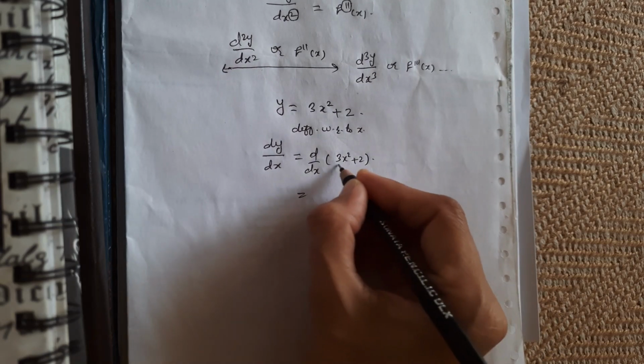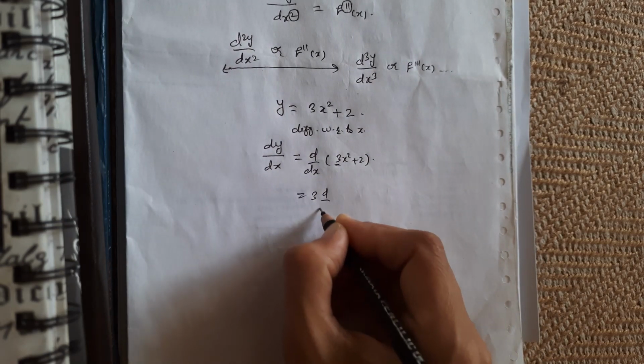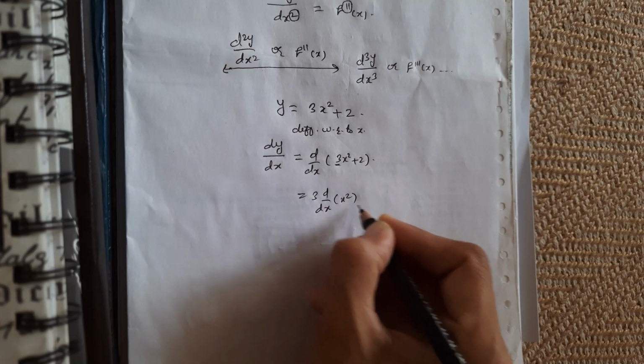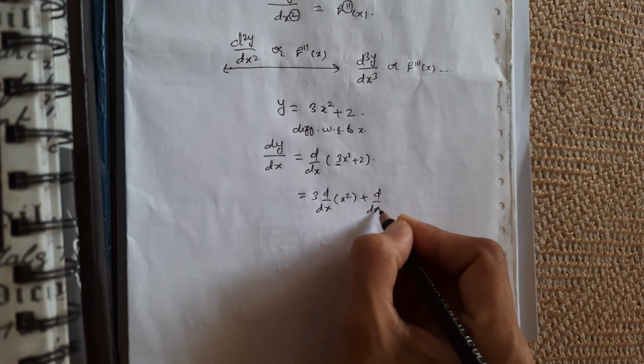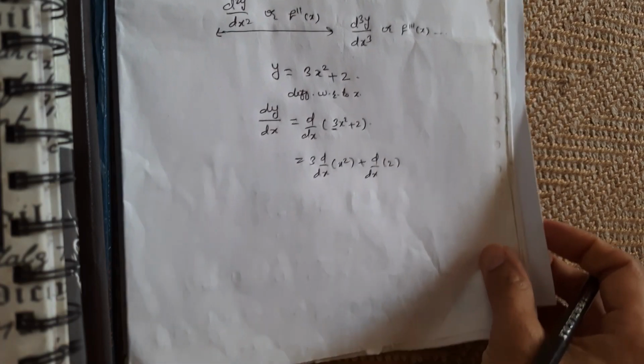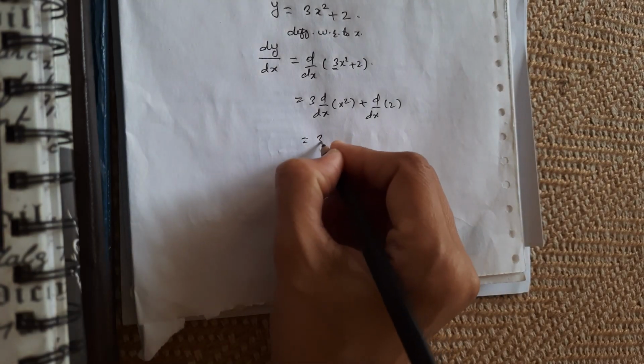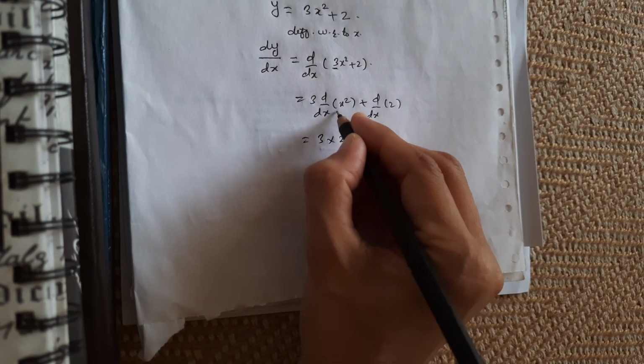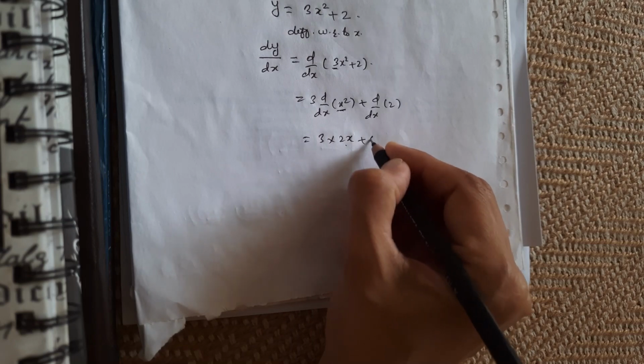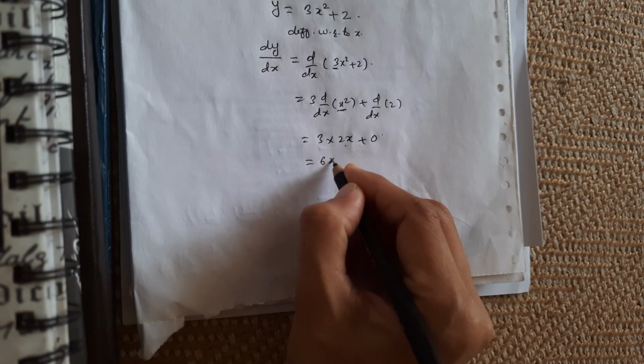Now this 3 will come outside, derivative of x square plus derivative of 2, which I can write as 3 into 2x plus 0, so 6x.